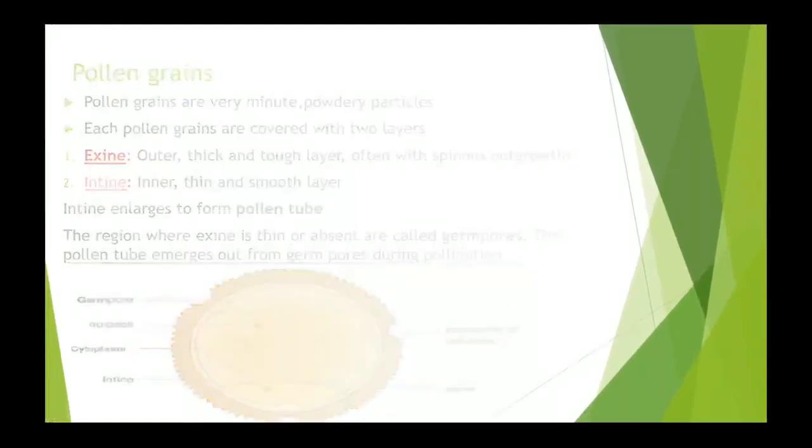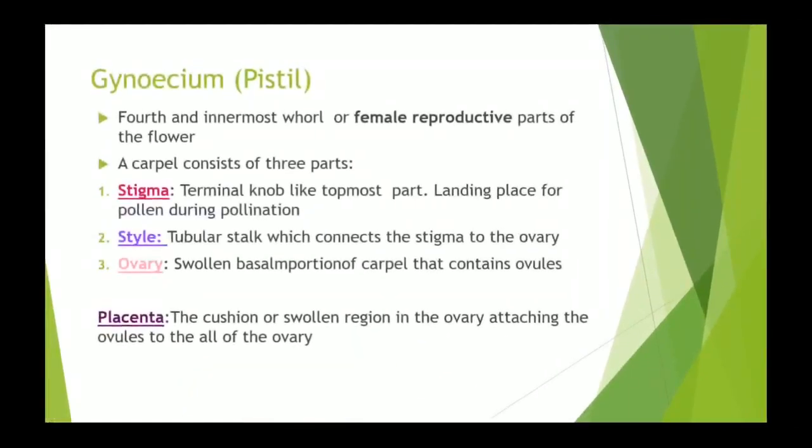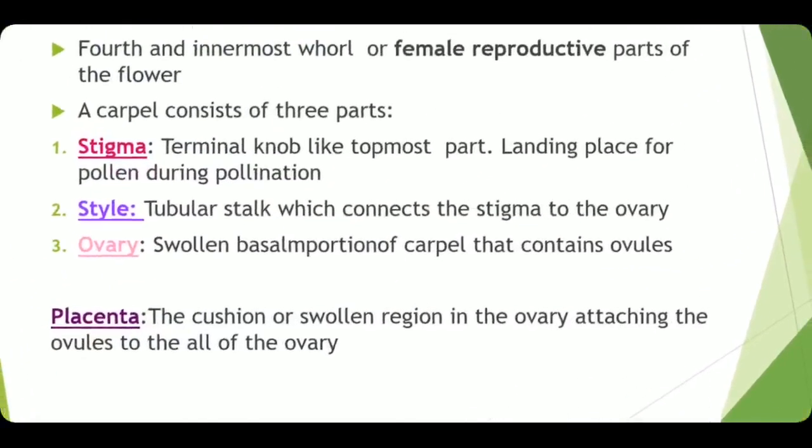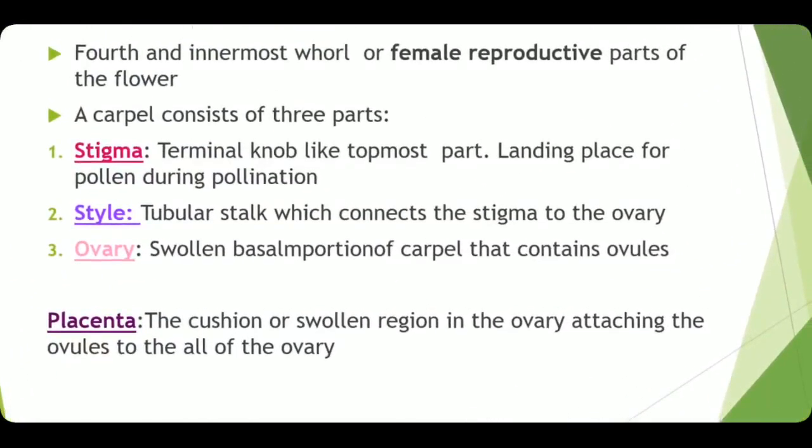And the next topic is gynoecium, the fourth whorl of the flower, which is also called pistil, or we can say a carpel. It consists of three parts. The first one is the stigma, the terminal knob-like or topmost part of the carpel or pistil.